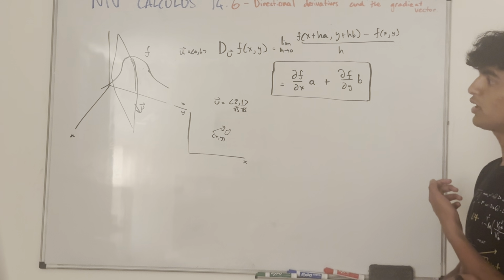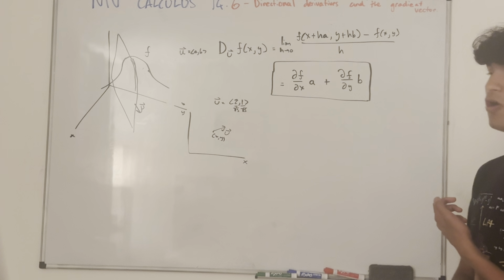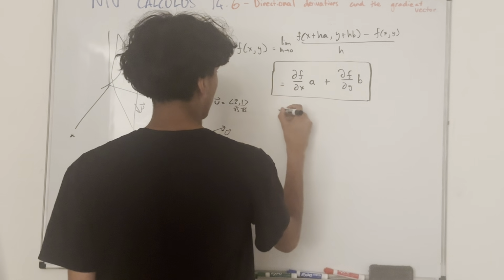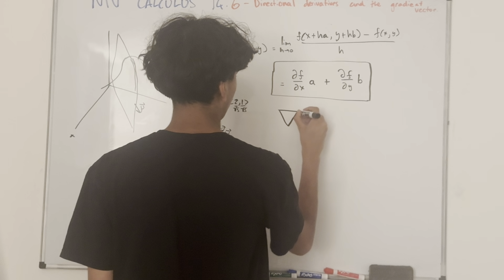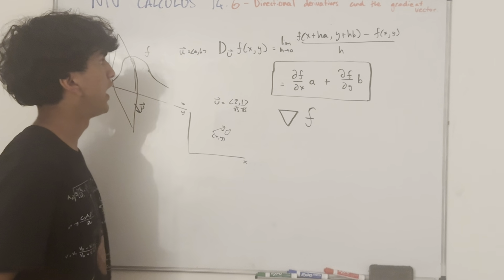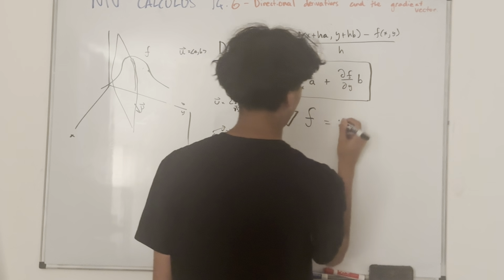So let's talk about the idea of a gradient. A gradient is a pretty interesting operation. We use the upside-down triangle symbol, which is Greek; it's not delta, it's nabla. We say del f, the gradient of f.